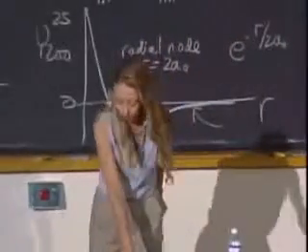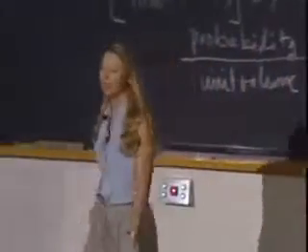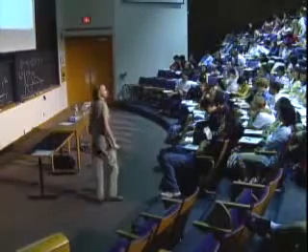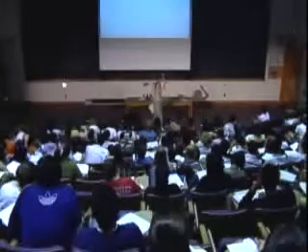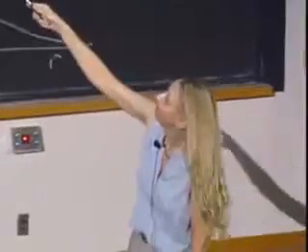The way I'm going to plot the probability density is with dots, and the density of the dots is going to reflect the probability density. So the more dense the dots, the larger the probability density. If I take that functional form for the 1s wave function and square it, and then plot it with this density dot diagram, right?